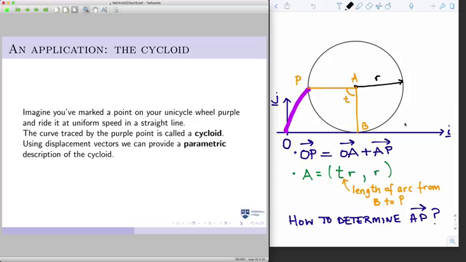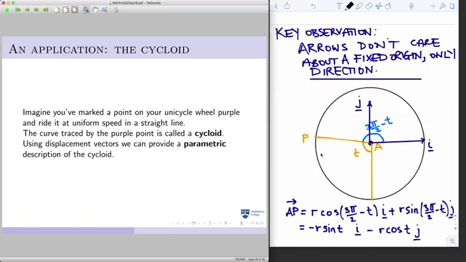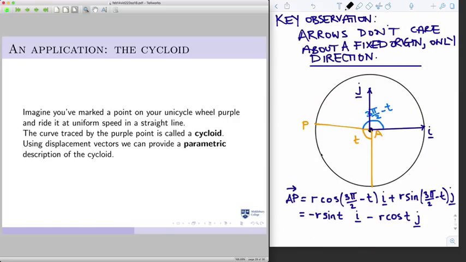So now we just need to figure out, well, how can we determine the displacement vector A to P? Because once we figure out this displacement vector, this will give us the position of the point P. Well, the nice thing about displacement vectors is that they don't really care about a fixed origin.